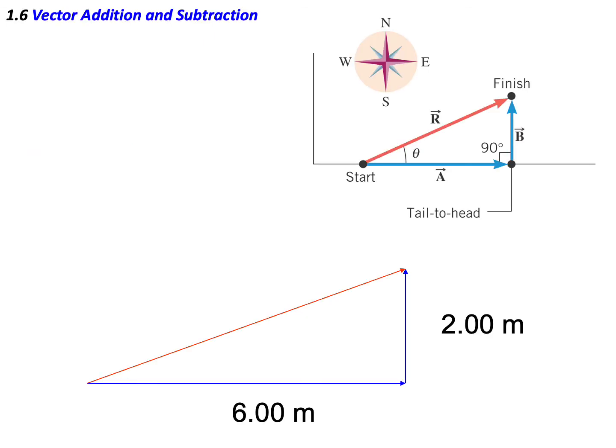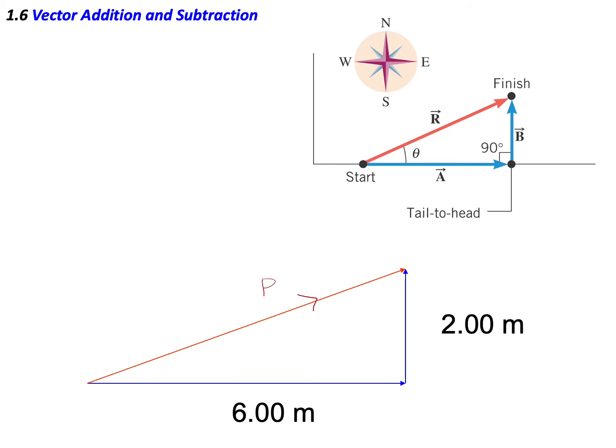So now let's use some numbers. Now we learn how to add vectors. Let's say you add A to B, and the magnitude of vector A is 6 meters to the right, and the magnitude of vector B is 2 meters, direction south to north, and A plus B is this vector.